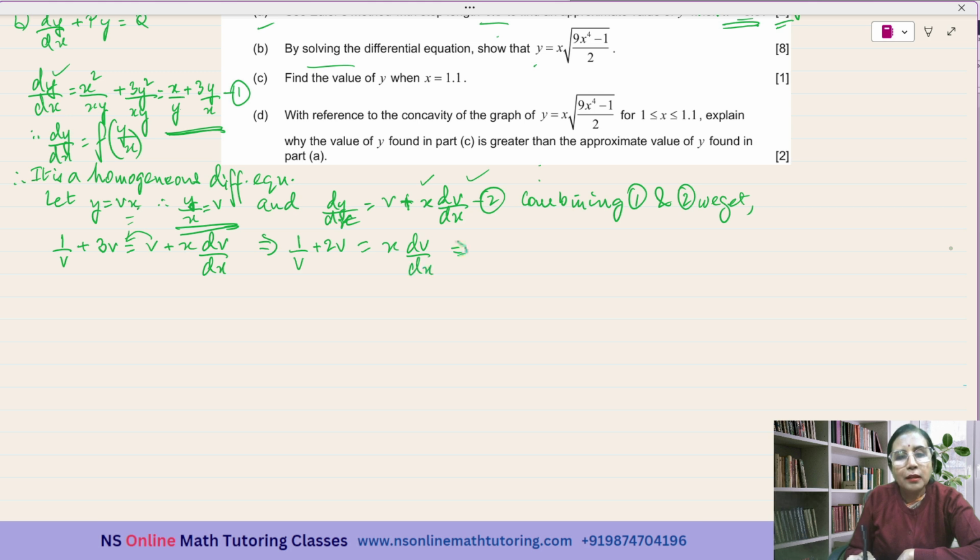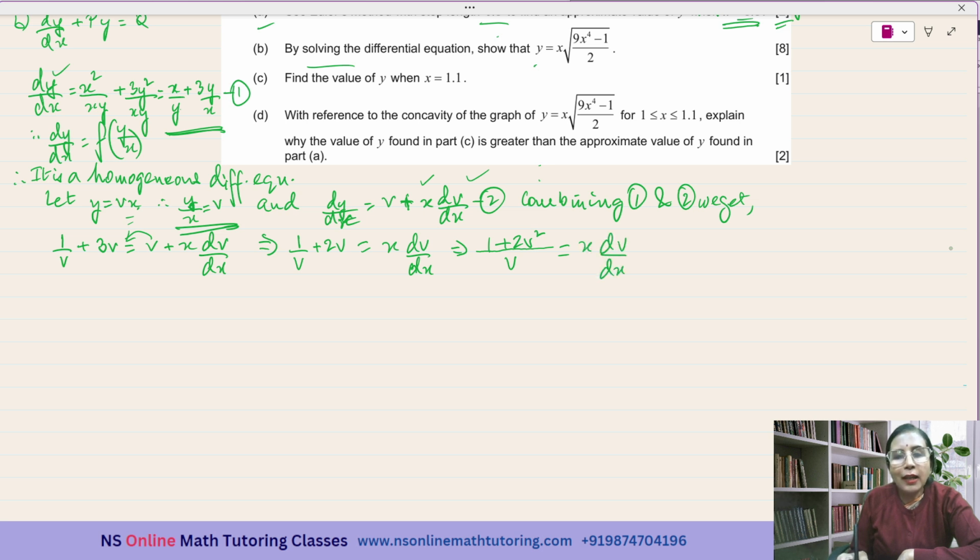I'm just going horizontally for some steps because I don't have sufficient space. So this is v, and it is 1 plus 2v square is equal to x dv by dx.